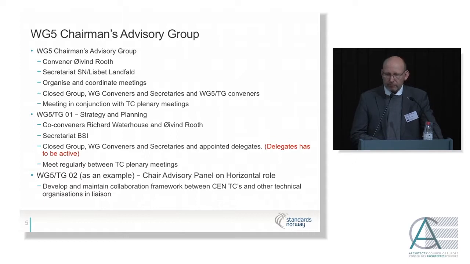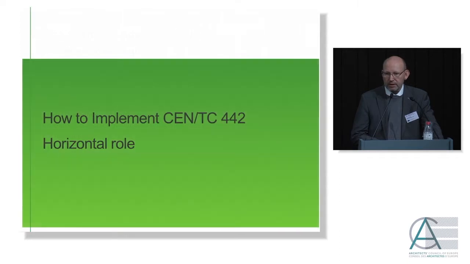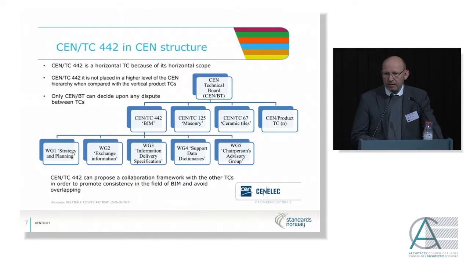In Dublin we were also mandated to work in the role of a horizontal group, because what we are doing in CEN also has consequences for all the other TCs in CEN. That means we need to identify how to do this.